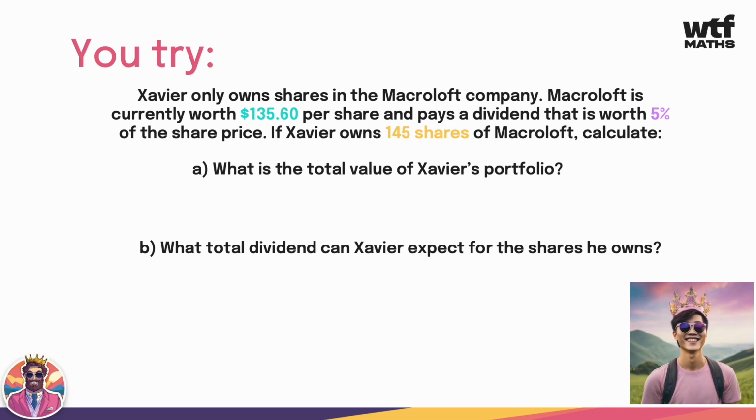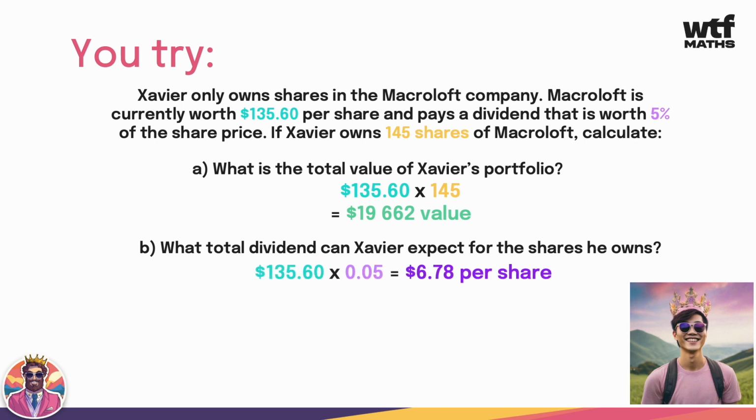So, first of all, to find the total value of the portfolio, we take the value per share, $135.60, and we multiply it by 145, because that's how many shares he has, and we get $19,662 total. To find the total dividend, first of all, we know that the dividend is 5% of the share price.